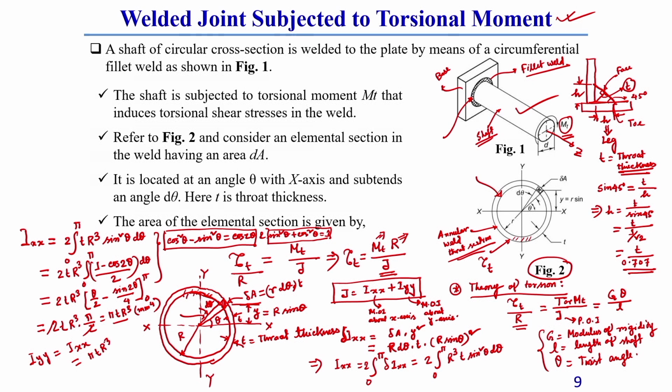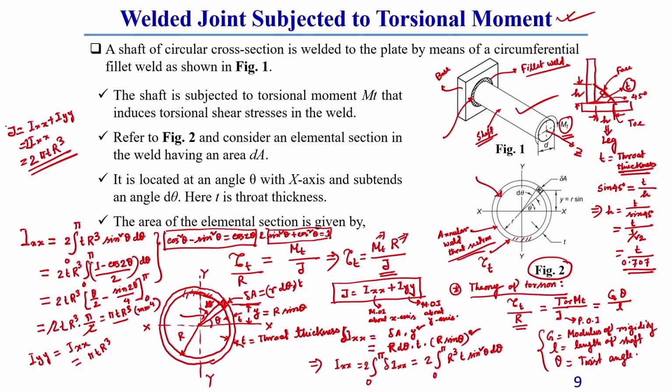According to the formula, j is equal to Ixx plus Iyy, that is 2 Ixx due to symmetry. So, 2 into Ixx, and you got pi t r cube. This you should keep in mind.